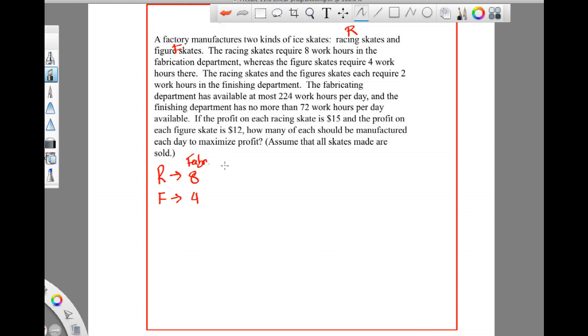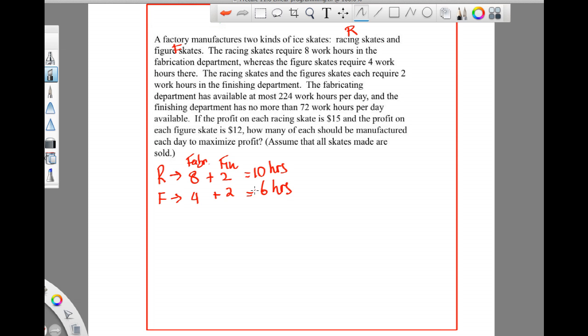Both of them require 2 work hours in finishing. I don't know if I'll need this, but that would mean it takes 10 hours to produce a set of racing skates and 6 hours to produce a set of figure skates. Okay?